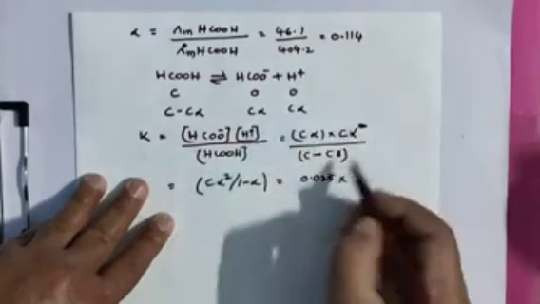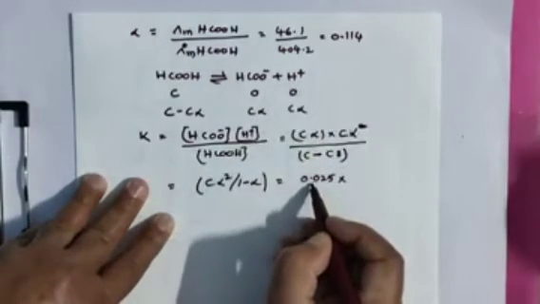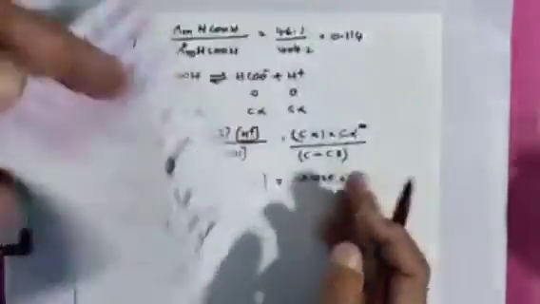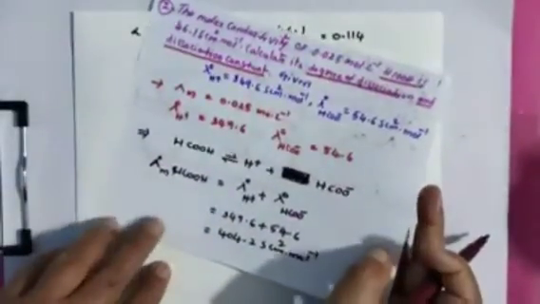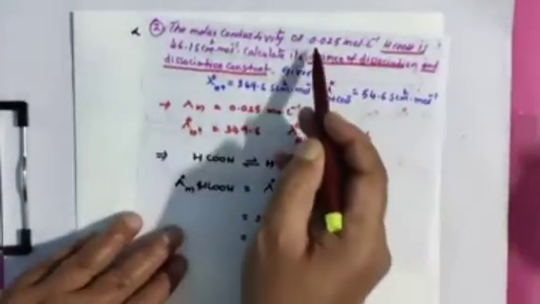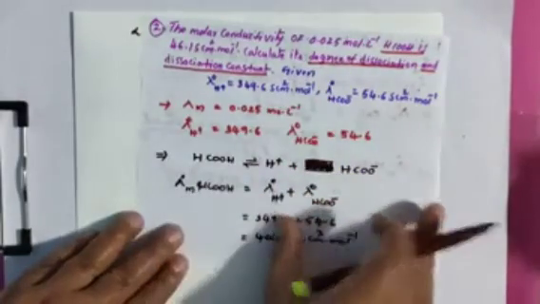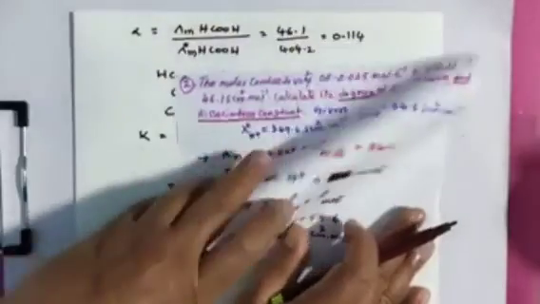The C value they have given already initially, in the problem: 0.025.